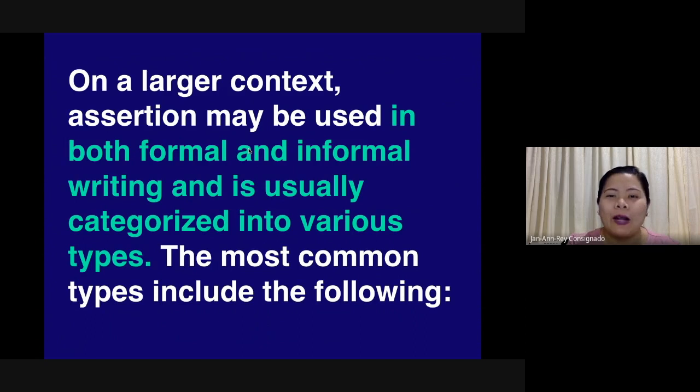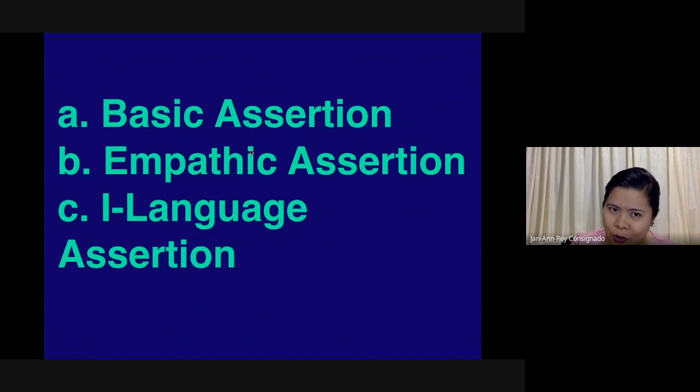On a larger context, assertion may be used in both formal and informal writing and is usually categorized into various types. The most common types include the following: basic assertion, emphatic assertion, and I language assertion. Let us discuss the meanings of these assertions.